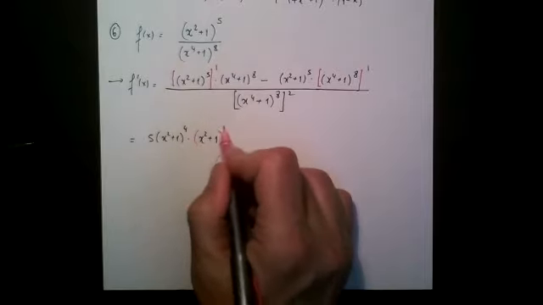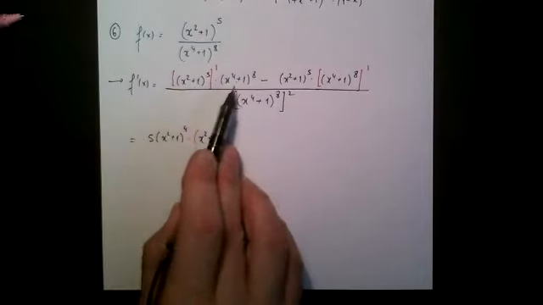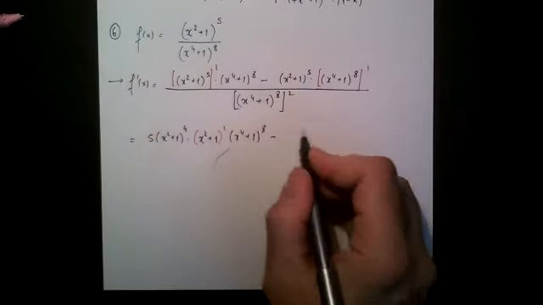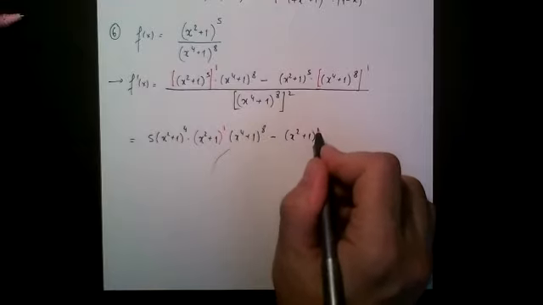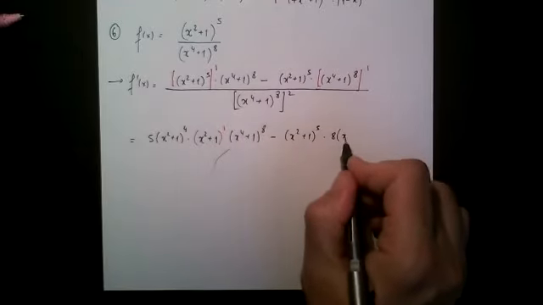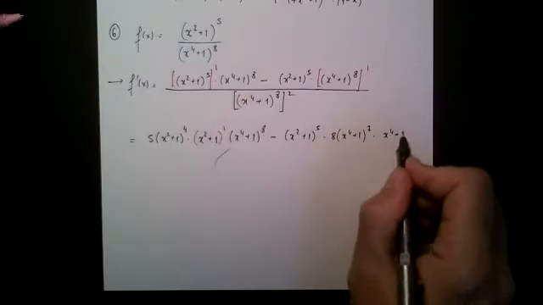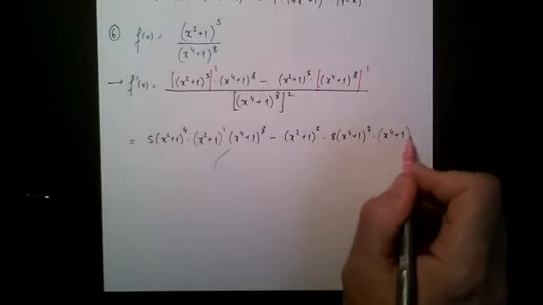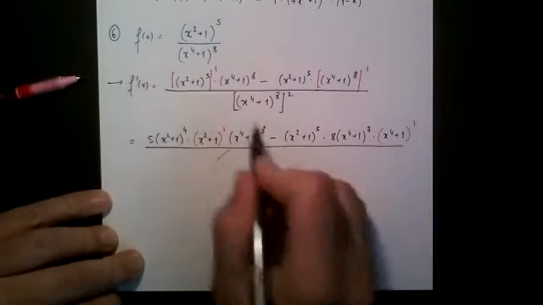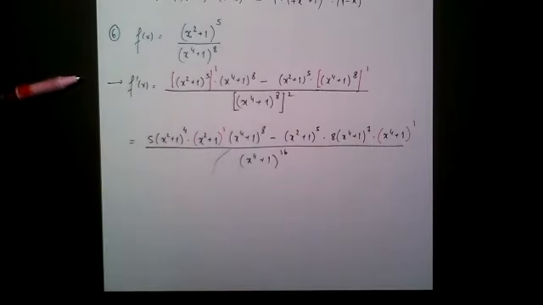This is the derivative of this guy times this, because this doesn't disappear, minus (x^2 plus 1)^5 stays, times the derivative of this term, which is 8 times (x^4 plus 1)^7 times the derivative of the inside, x^4 plus 1 prime. And all this over the bottom squared, which is (x^4 plus 1) to the power of 16.